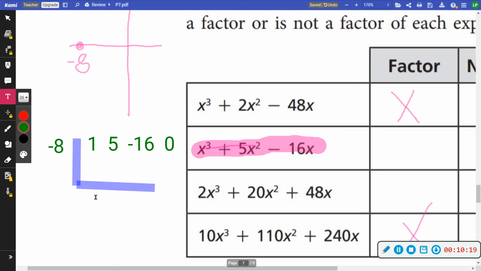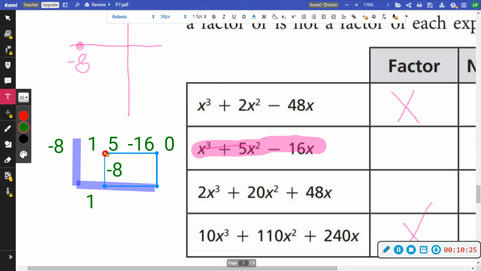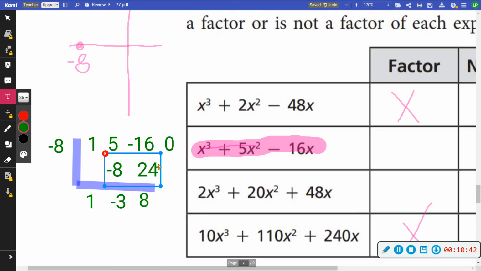You pull down the first number, that's a 1. You take negative 8 times 1, that's negative 8. Add, that's negative 3. Negative 3 times negative 8, that'd be 24. Add those, that'd be 8. And then 8 times negative 8 would be negative 64.